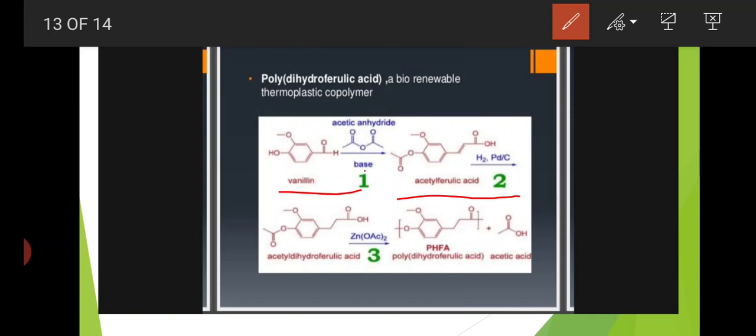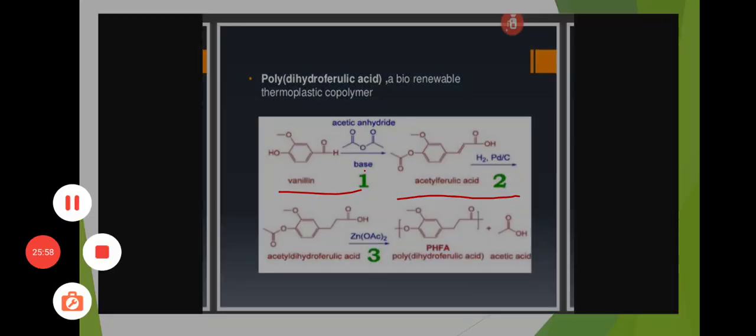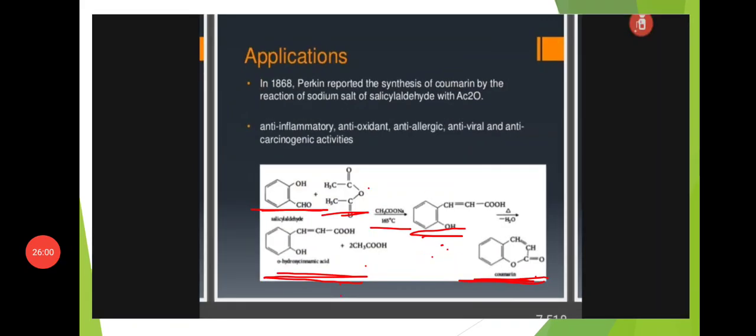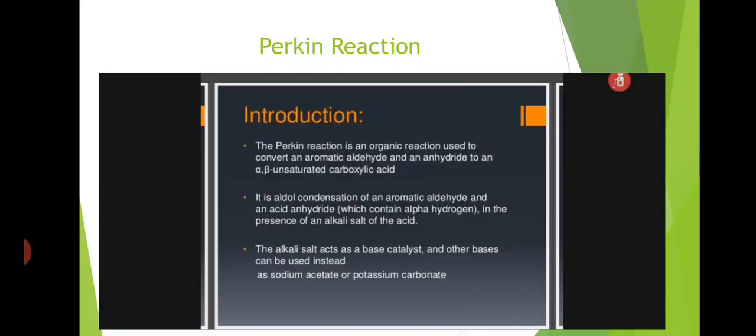Okay, these are the medicinal applications of the Perkin reaction. Okay, students, this is about the Perkin reaction. Once again, we will discuss briefly what the Perkin reaction is. The Perkin reaction is an organic reaction used to convert an aromatic aldehyde and acid anhydride to form alpha beta unsaturated carboxylic acid.